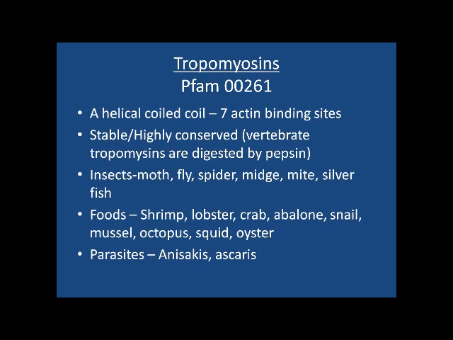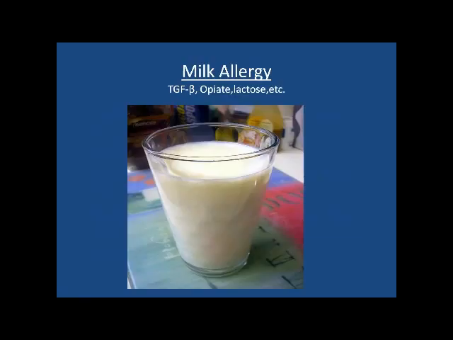So you see that the tropomyosins are obviously quite common in nature, but we also have to realize that perhaps the tropomyosins of all these insects don't have absolute cross-reactivity with the foods, and some of the foods, for example, don't have absolute cross-reactivity with each other. For example, shrimp and abalone. So these things are still being worked out, but it's pretty well established that the degree of reactivity is related to the degree of similarity between any two sources of tropomyosin.